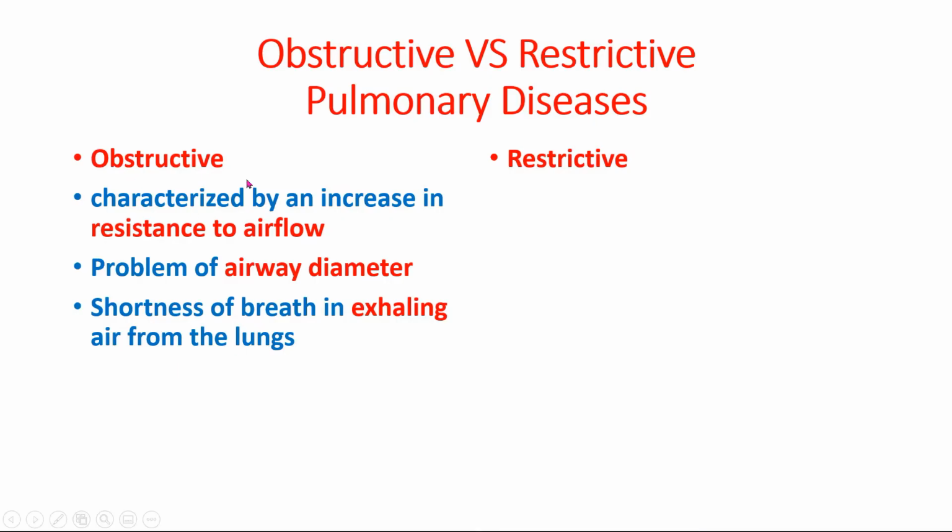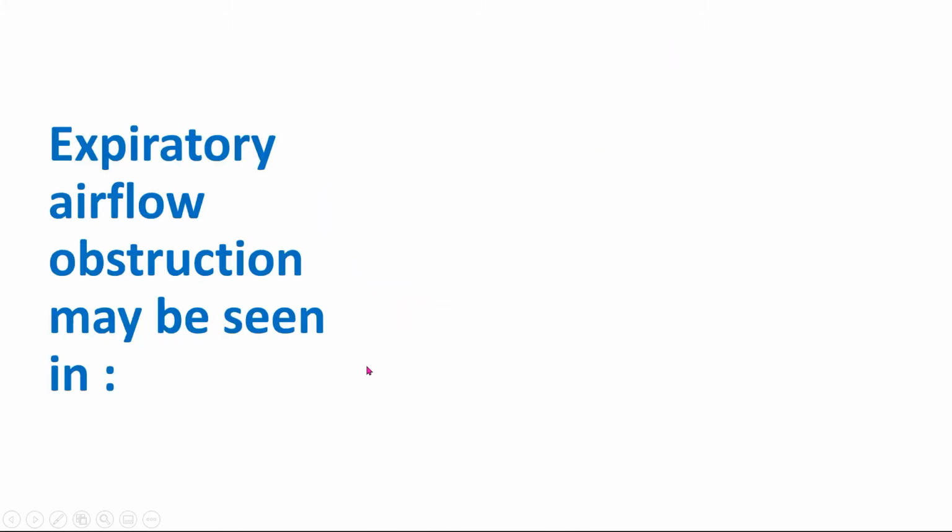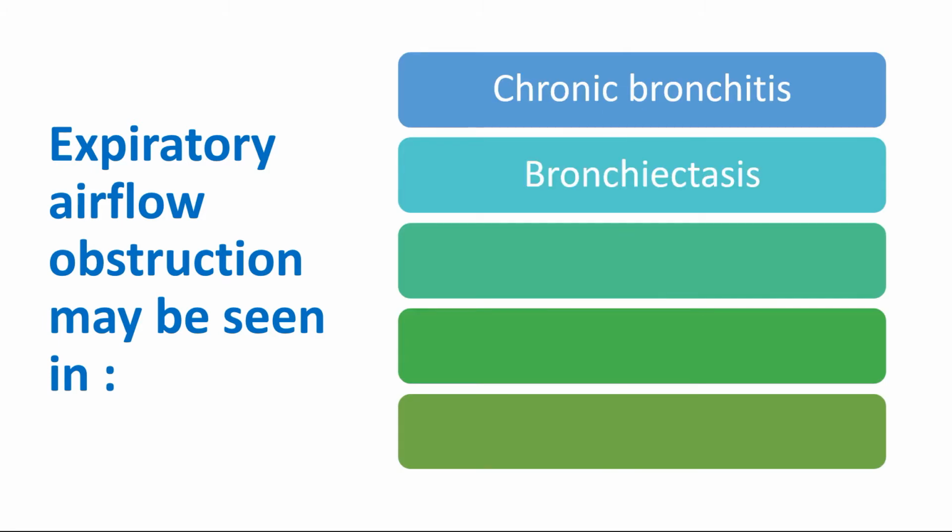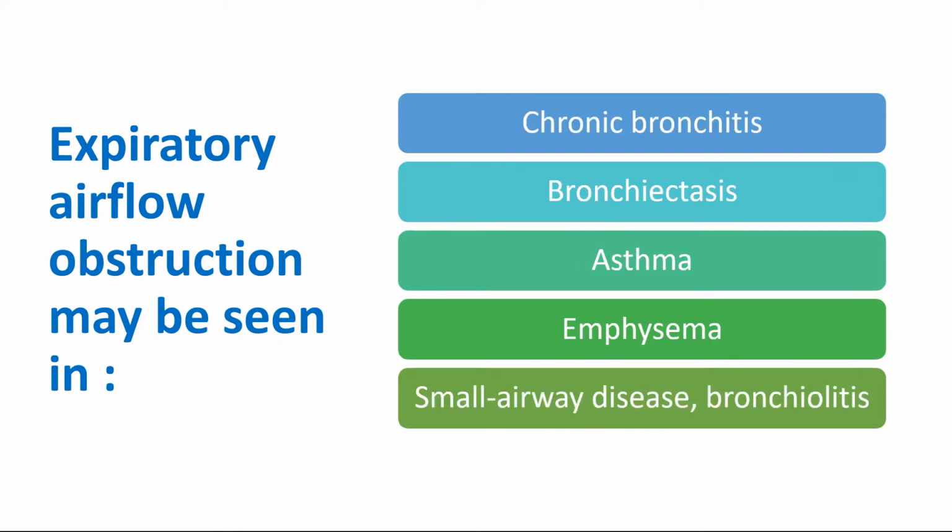So in obstructive pulmonary diseases, so far, we know there is increased resistance to airflow. It is a problem of airway diameter, and there is shortness of breath in exhaling air from the lungs. Expiratory airflow obstruction may be seen in chronic bronchitis, bronchiectasis, bronchial asthma, emphysema, and small airway disease, bronchiolitis.